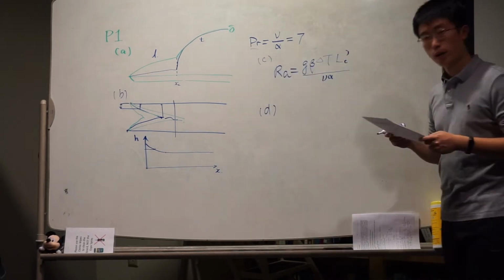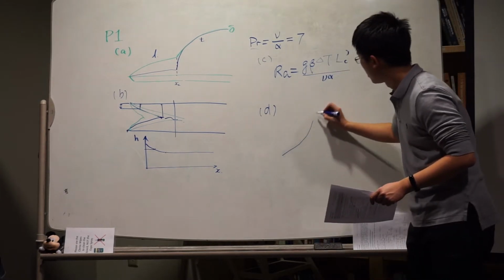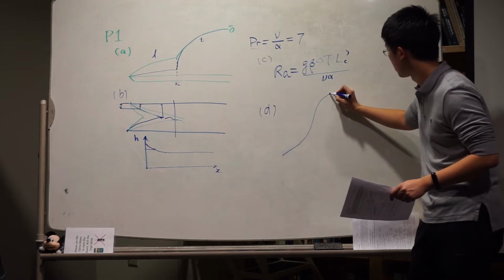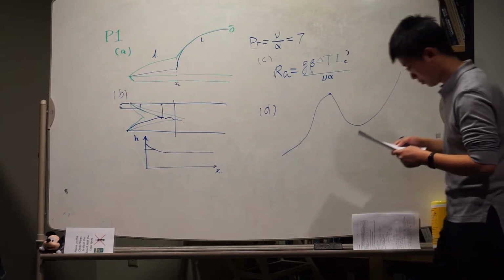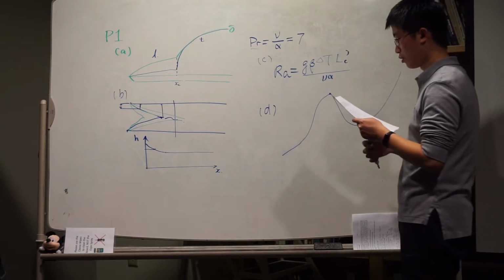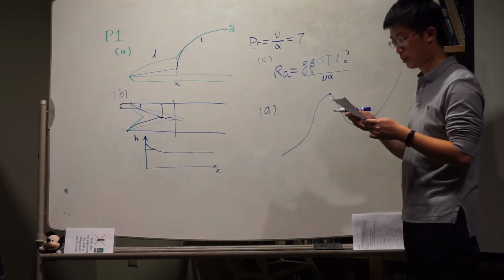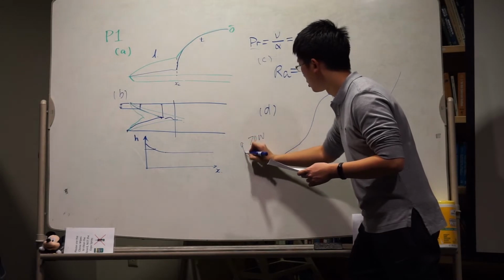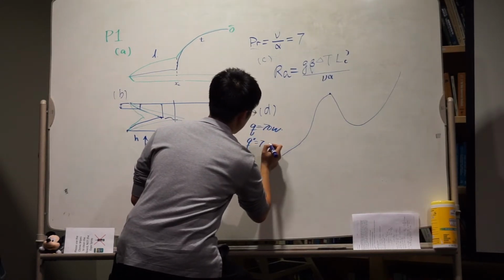Part D is about the boiling curve. First free convection, and then two zones. This is the critical heat flux. It's like this. So the first blank is asking, what if the chip generates 70 watts? And we can calculate the heat flux is 7.